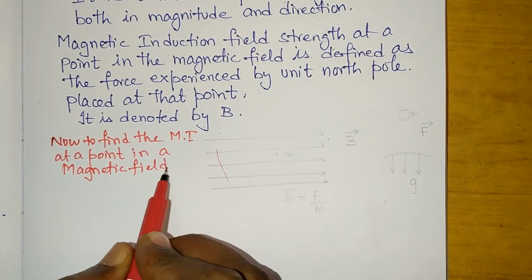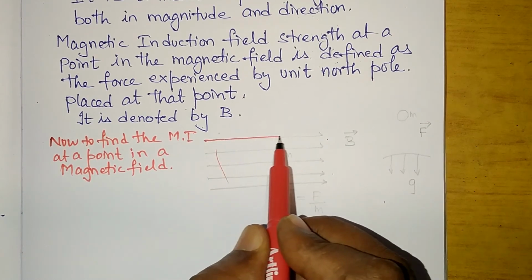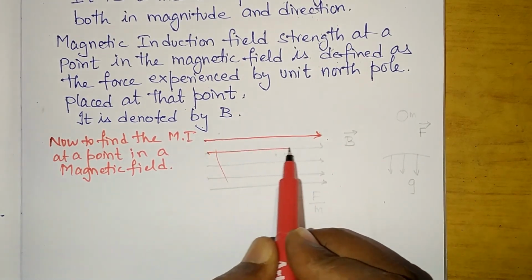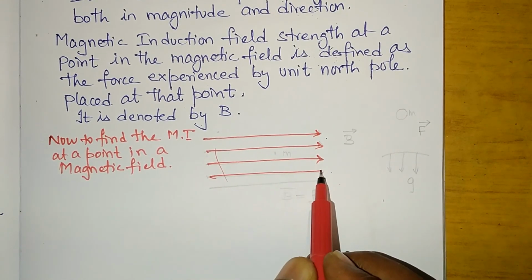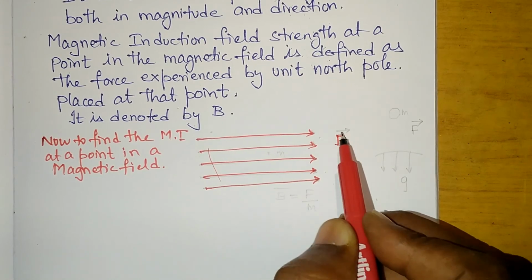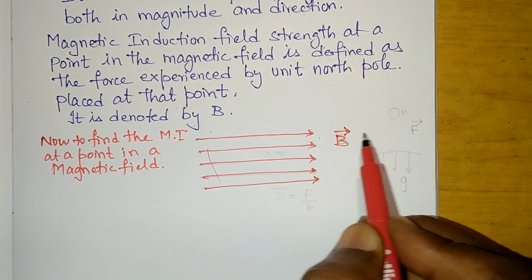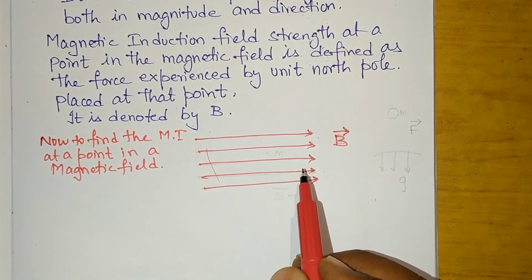Let us assume a uniform magnetic field. A magnetic field is denoted by the letter B, and this direction is always from north to south. So let us assume a uniform magnetic field.